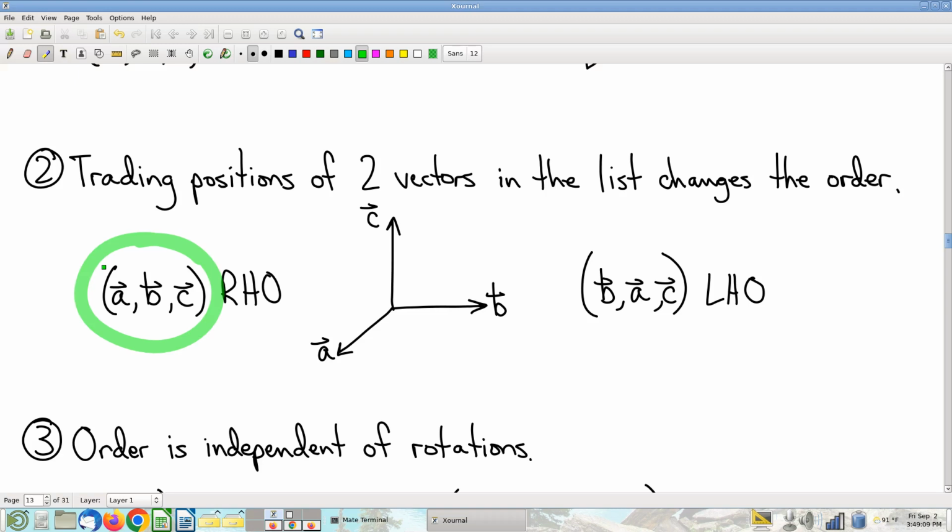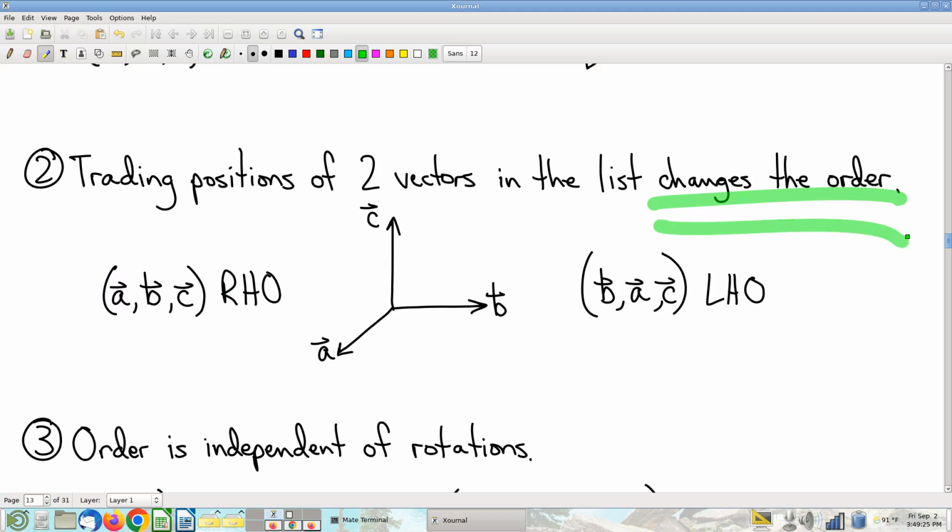If you were to trade the positions of all 3 of them, in fact, what you've actually done is you've traded 2 of the vectors, and then you've traded a different 2 of the vectors. So that is changing the order, followed by changing the order again. So it will go from right to left and back to right. And we'll see that from another point of view in a second.